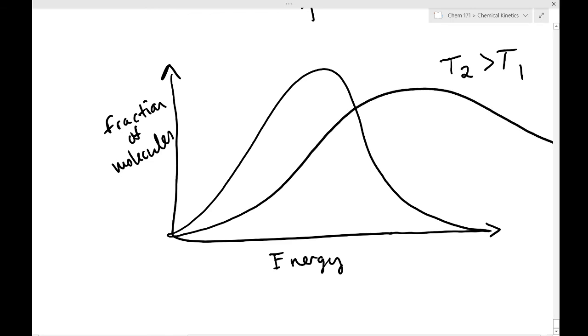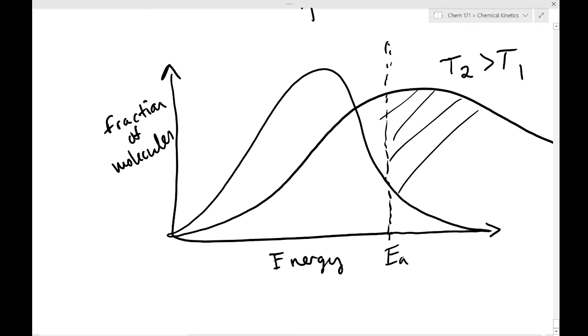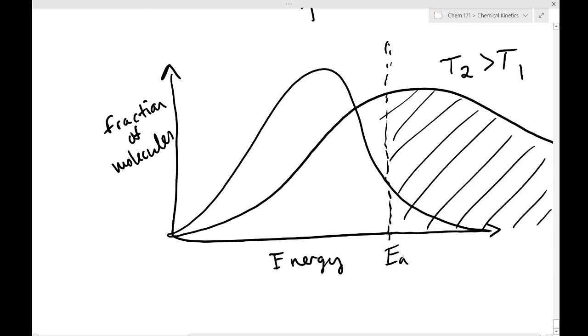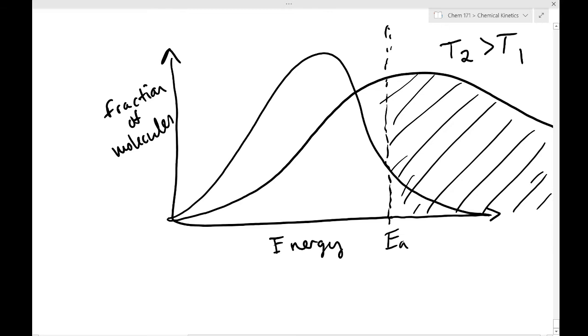If we draw the position where the activation energy, EA, is on this graph, the high temperature case has a much higher fraction of molecules above this activation energy with just thermal energy. So the higher the temperature, the more molecules exist in this region above the activation energy, and therefore the faster the rate.